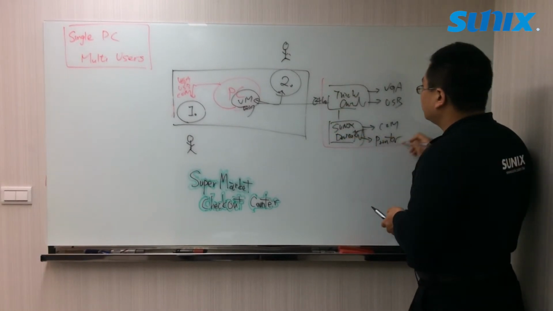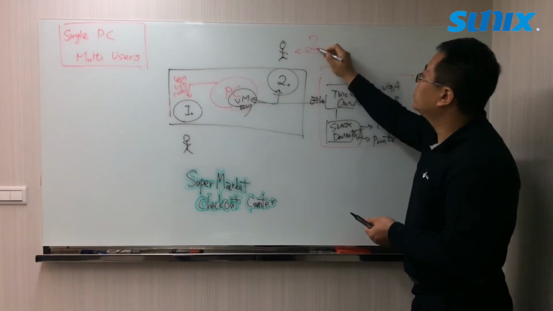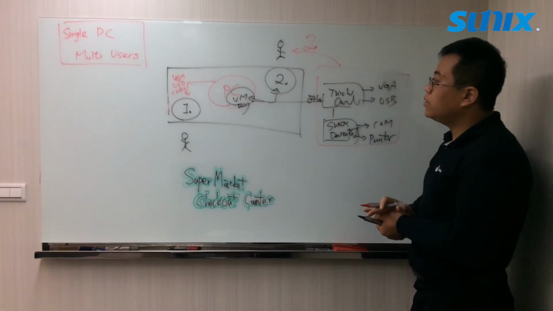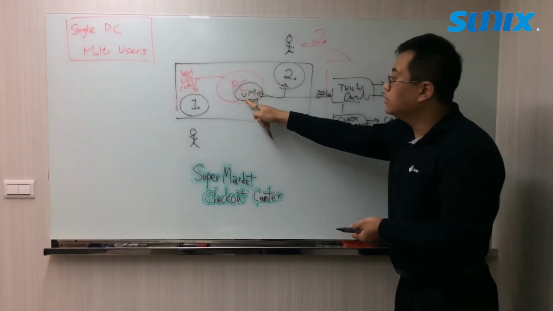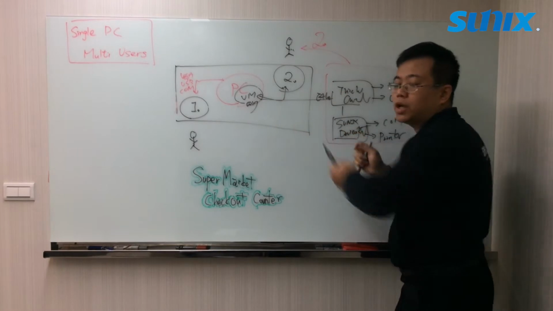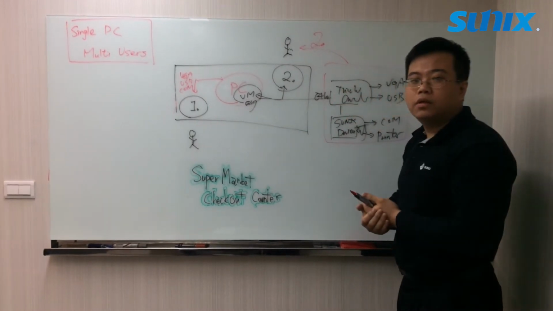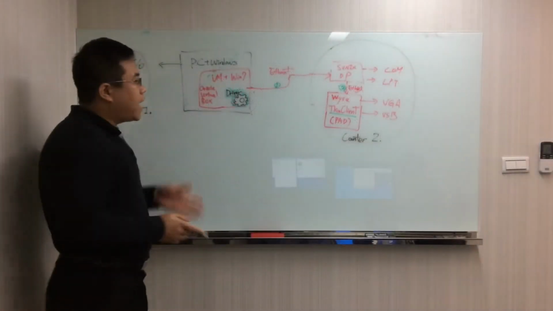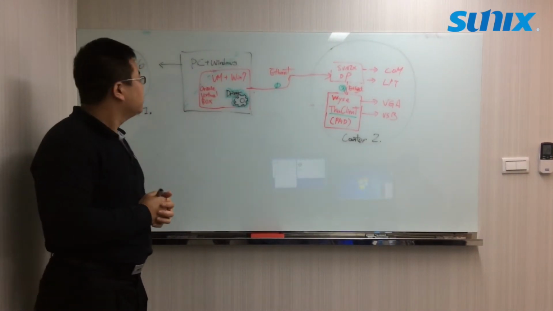And this set is for cashier number 2. So you can use only one PC resource and one VM structure for 2 different users using at the same time. I will draw the structure diagram next.